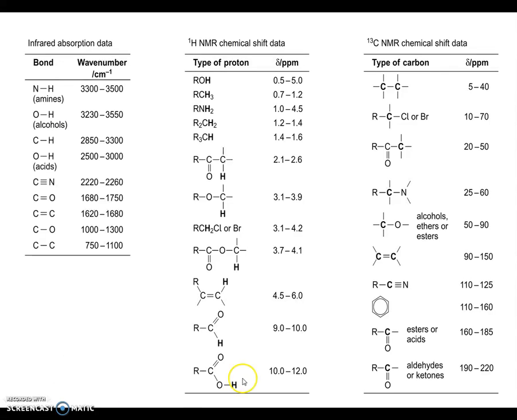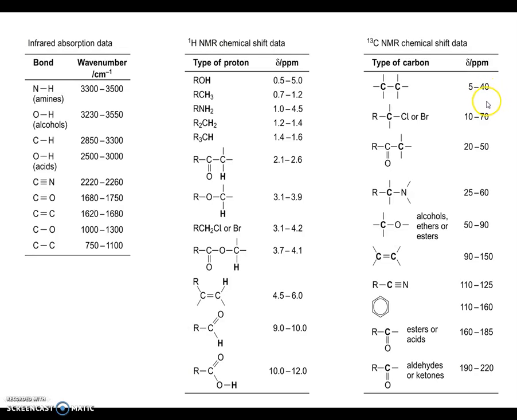And just make sure that you're familiar with the data sheet before the exam. So here we've got the carbon 13 NMR chemical shift data. The more electron donating groups, which have a positive inductive effect, will give you a lower value.